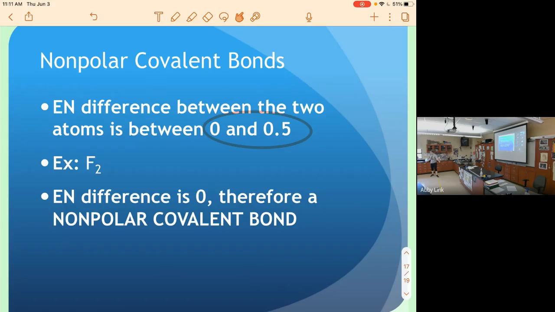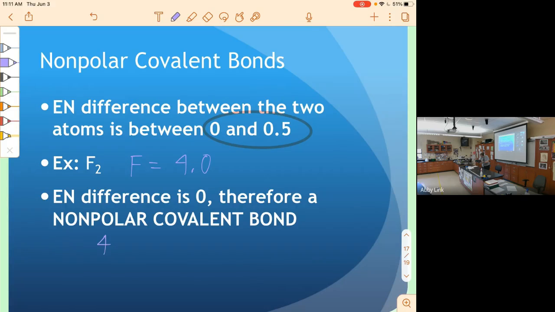I know math is challenging, but it's really easy math, okay? So for instance, F2, you find fluorine on the electronegativity chart, and the value for F is 4.0. So you do 4.0 minus 4.0, because difference is subtraction. Their difference is 0. That has to be a nonpolar covalent bond.